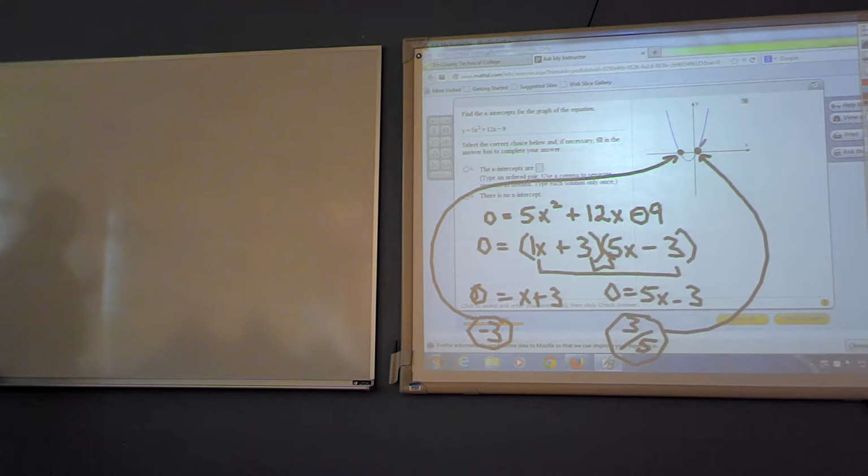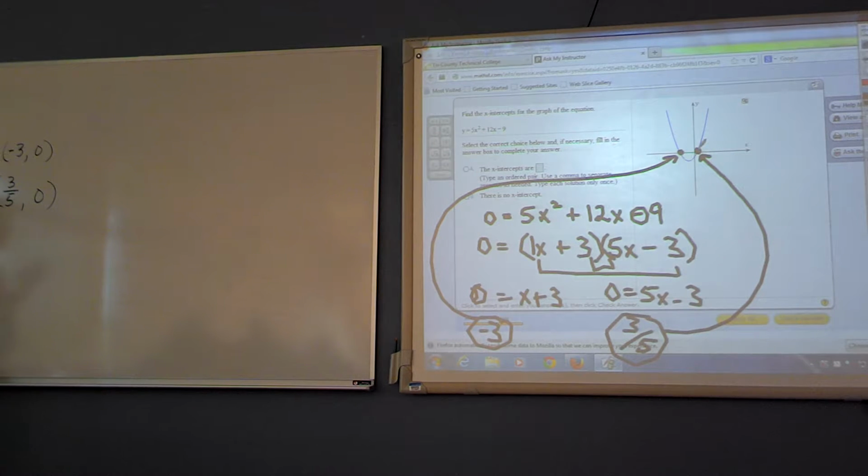Anytime on a test that you get the right answer. Now, if the directions tell you to put it in coordinate form, then they're telling you to put the 0. So coordinate form for this would be -3, 0, and 3/5, 0. That is coordinate form right there.